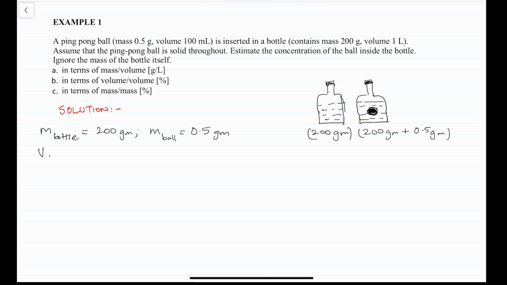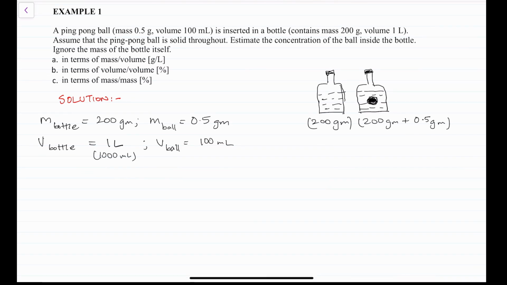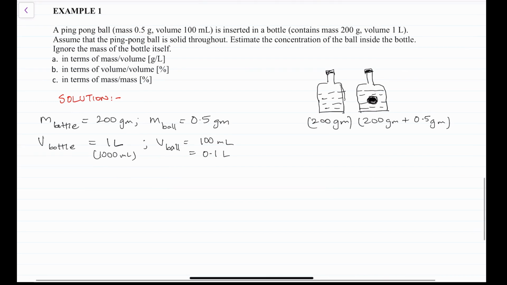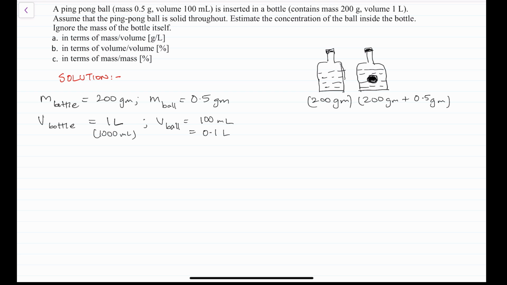We know the volume of the bottle is 1 liter or 1000 mils, and the volume of the ball is 100 mils, which you can also say is 0.1 liter.